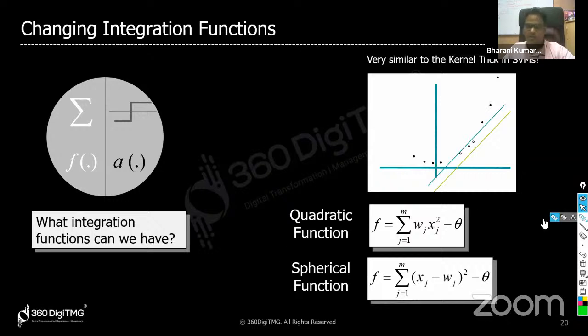We can apply a multi-layered perceptron, which should automatically learn the nonlinear pattern. It is very similar to an algorithm called support vector machine. In support vector machine, there is a concept called the kernel trick.